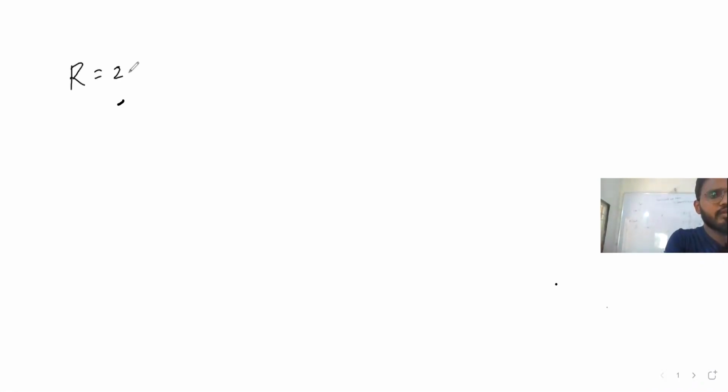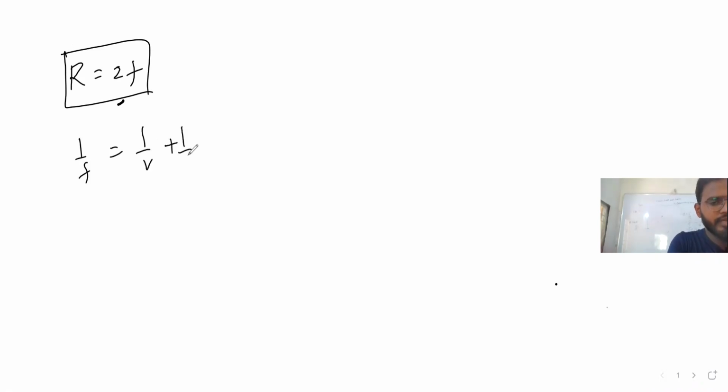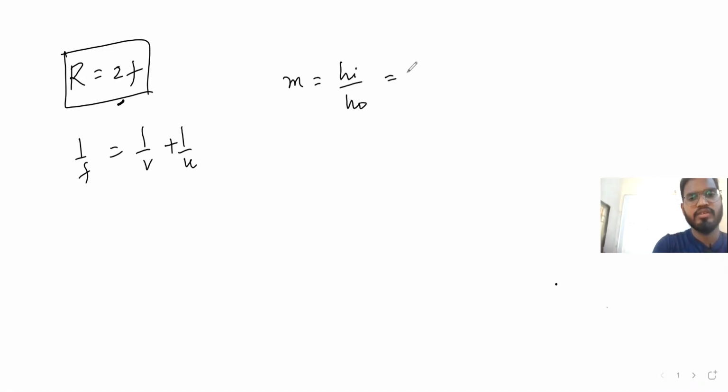If you see the first relation here, then we can say radius is equal to 2f, right? 1 by f is equal to 1 by v plus 1 by u, the mirror equation. Then we did magnification: height of image by height of object, or we can say minus v by u.